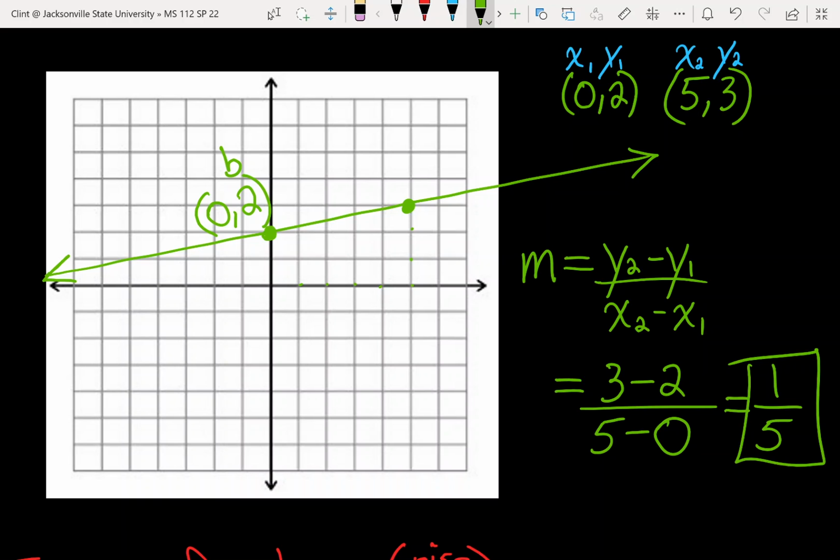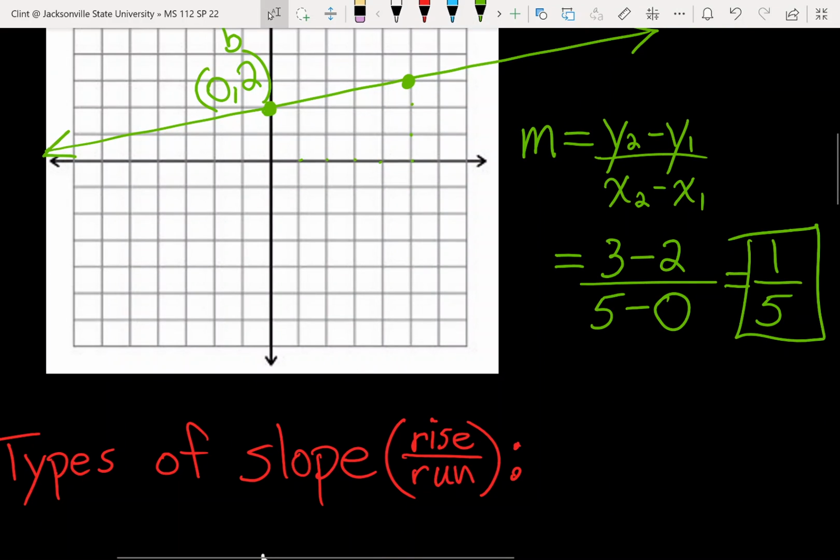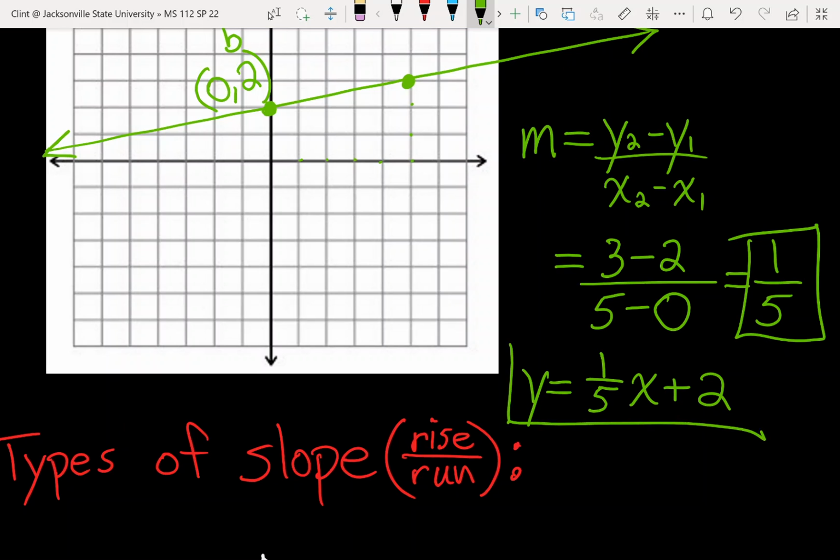If we wanted to write down the equation of this line, we could say y equals the slope, which we already figured out was 1 over 5, times x. And then we're crossing at positive 2 on the y-axis, so plus 2. So that's the equation for that line in slope-intercept form.